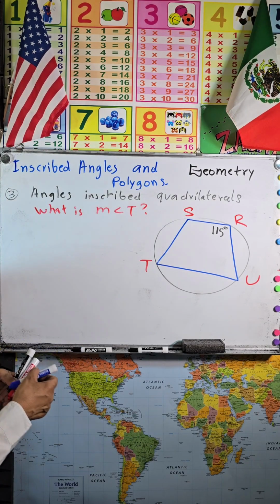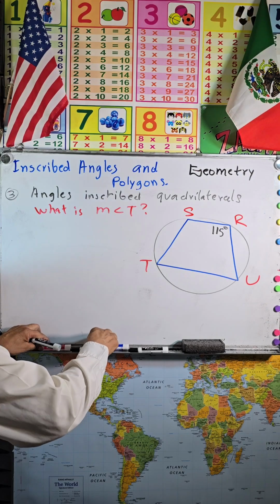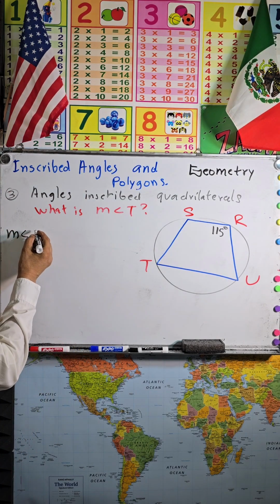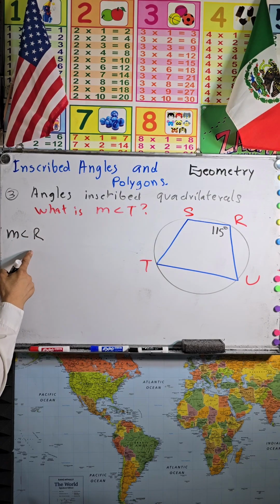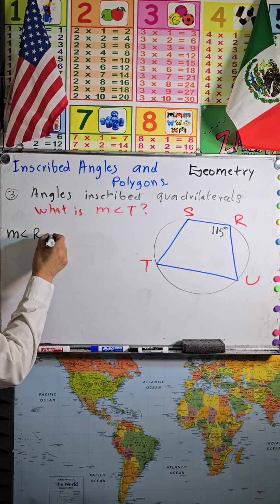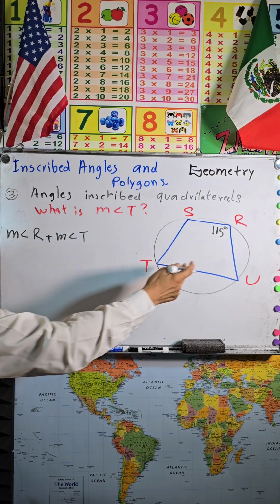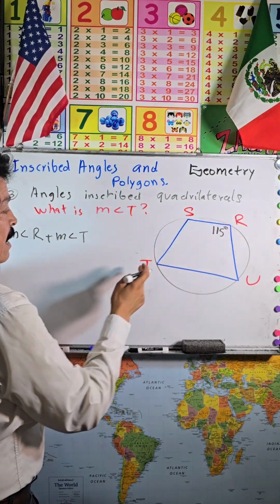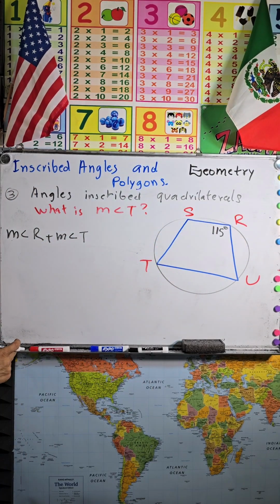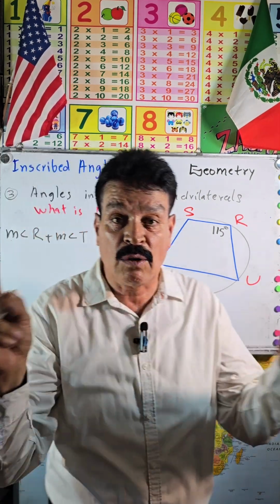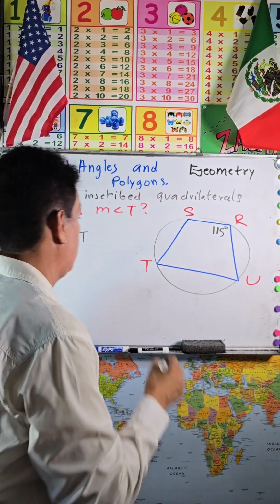First step. Let's write the measure of angle R plus the measure of angle T. We are talking about the opposite angles. Opposite angles are supplementary, okay?